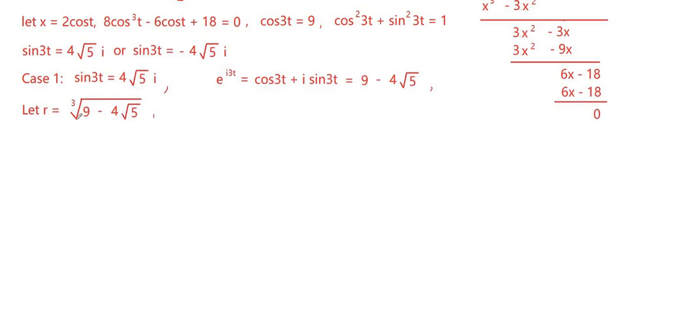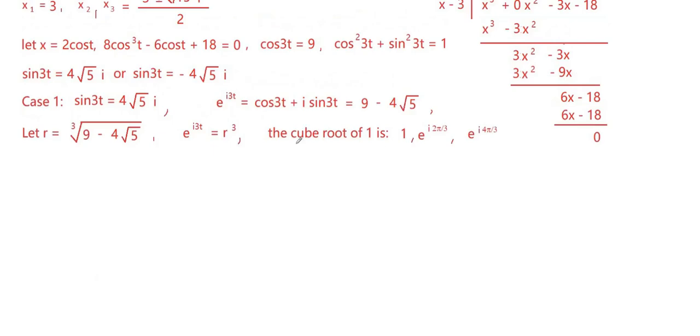We let R equal to this number and we have e to the i3t equal to R cubed. Because the number 1 has 3 cube roots: 1 and this one and this one.